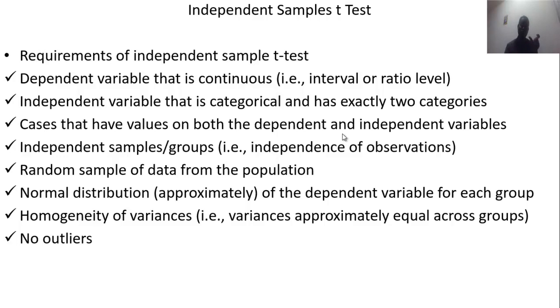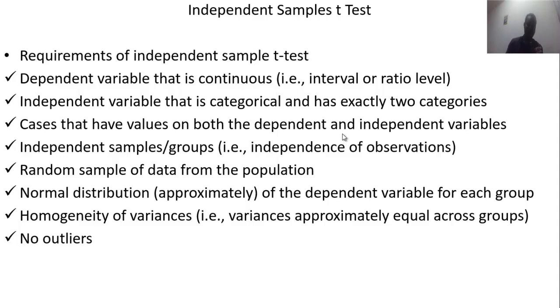Therefore, you have to make sure that there is no significant outlier, no significant deviance of data while you are running the independent sample t-test. And all these assumptions can be tested.